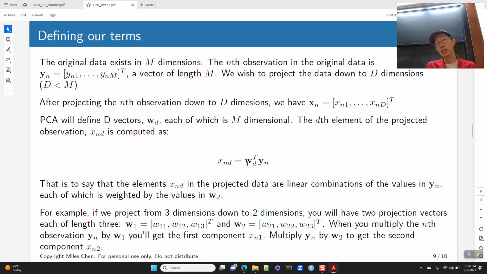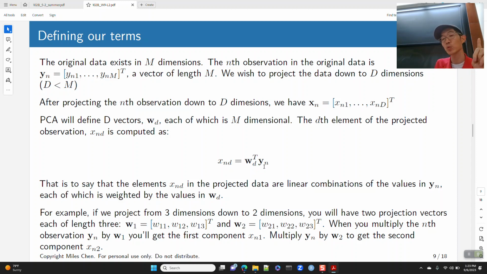And we're going to have d of these w vectors, but w is basically a vector of m weights. We're going to multiply all the components in y by the vector of weights and add them together. So we have this vector w, which is length m, and it gets multiplied by vector y, which is length m. So when you multiply these together, it reduces to just one scalar value, right?